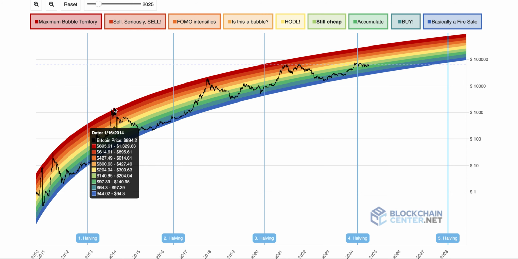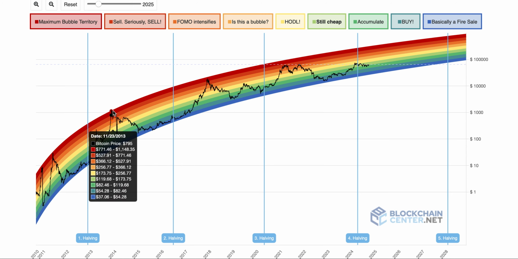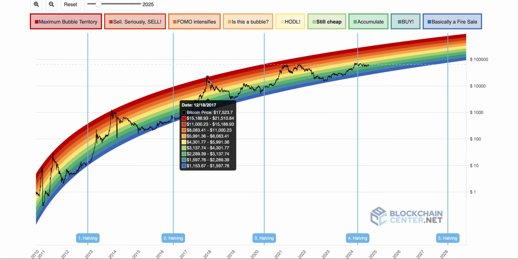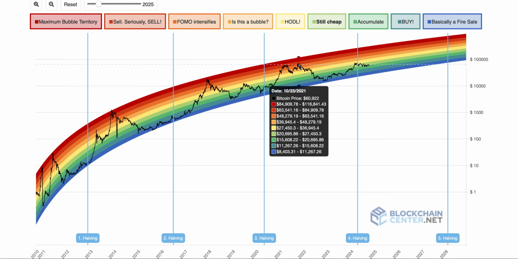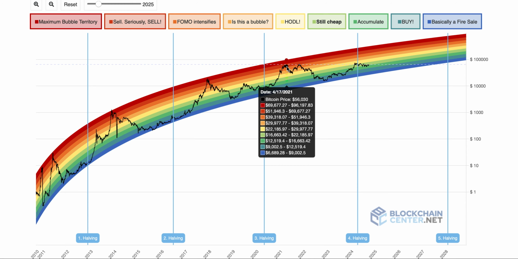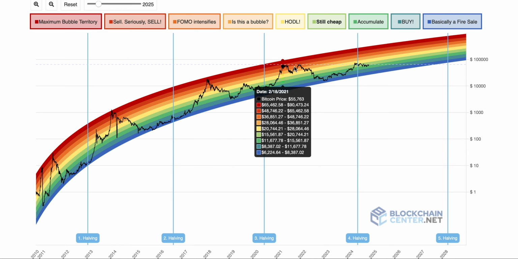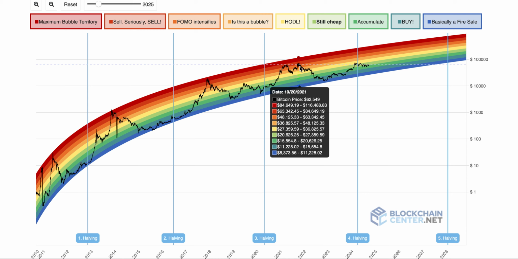So we've had these 4-year cycles from, you can see here, November, December 2013, December 2017, November 2021. That was the actual peak of Bitcoin. It got around 69,000. But again, alt season, when Bitcoin was at 65,000 near the peak in here, this is when alt season was. So we've had 4-year cycles to November, December.